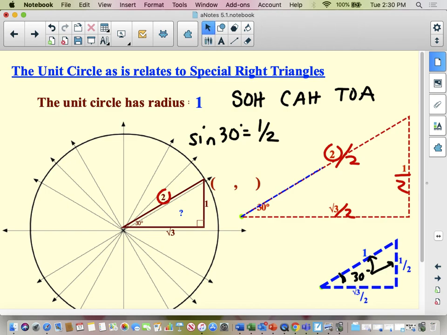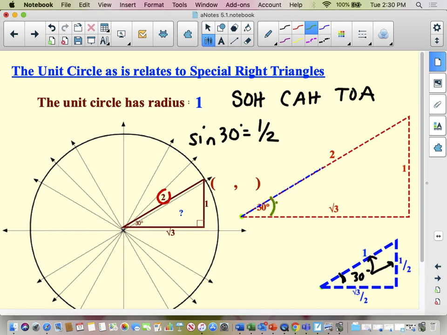Okay, now the good news is if you didn't derive this from the unit circle, I could go back over here and use my regular geometry triangle as well. So if I said sine of 30 is opposite, which is 1, over hypotenuse, which is 2, and I still get 1/2.